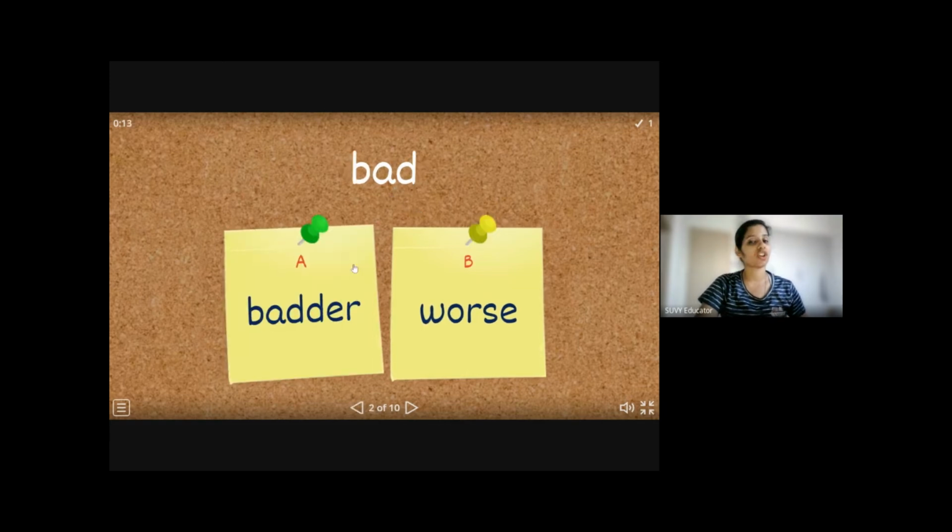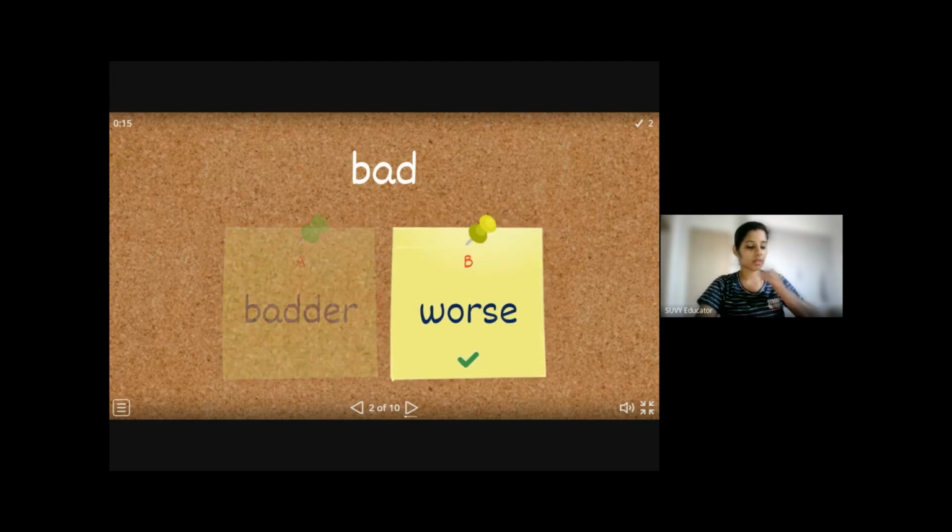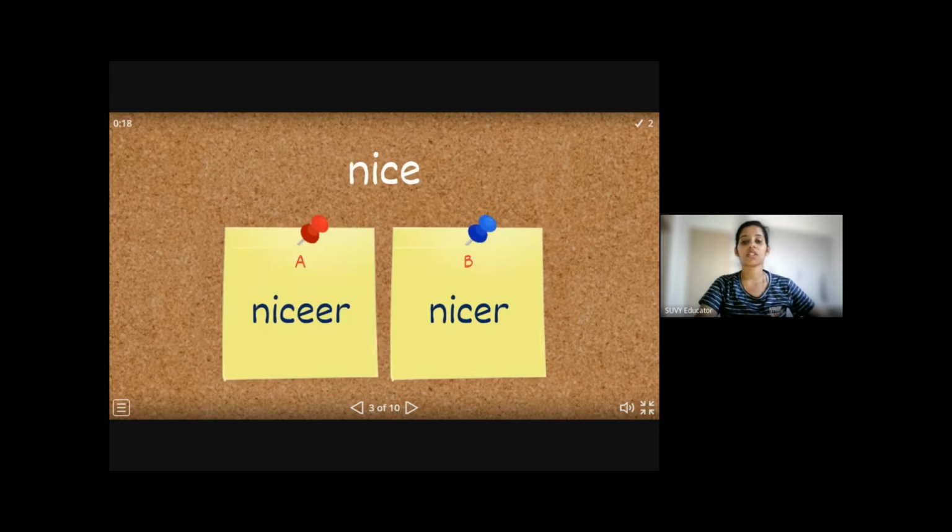It's not badder, it's worse. Okay, nice. For nice, when it's ending with an E, with a vowel, we just add an R. So it can't be two R E's, it has to be a single E.